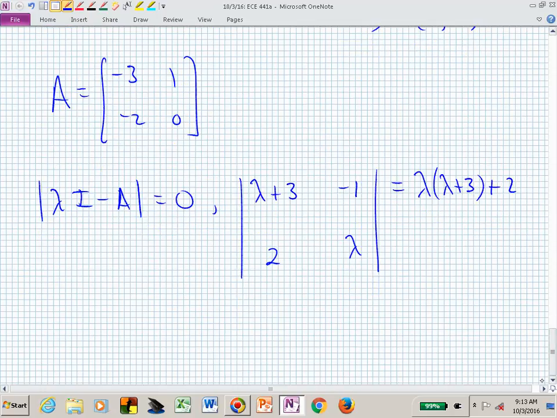And we now see that we end up with this quadratic equation, lambda squared plus 3 lambda plus 2 equals 0.